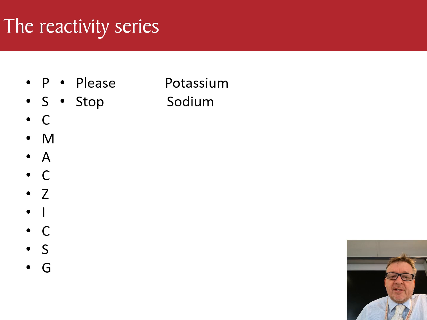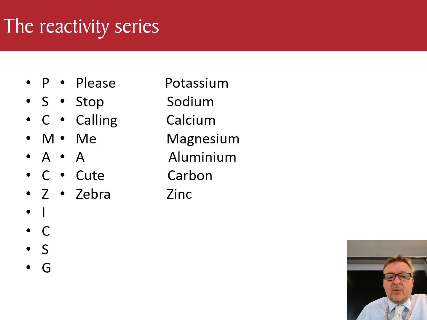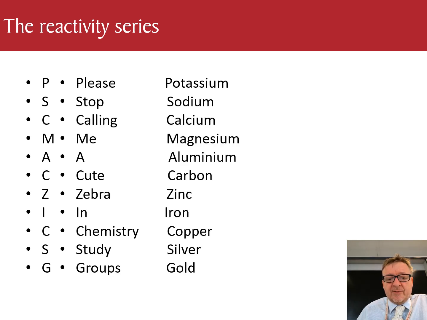The reactivity series. What we've got here is a mnemonic to try and remember the reactivity series, which is "please stop calling me a cute zebra in chemistry study groups." There's all sorts of different ones you can get. Potassium, sodium, calcium, magnesium, aluminium, carbon, zinc, iron, copper, silver and gold.